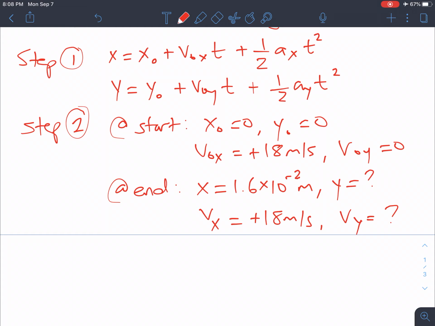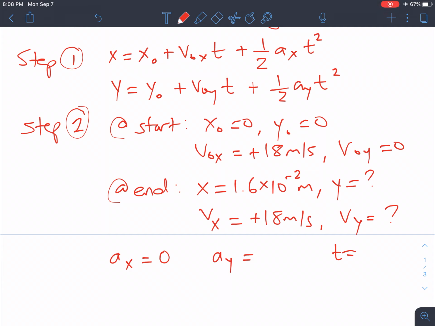We don't really need those because we're not going to use the velocity equation, but still I want to think about it. In between those two, we have acceleration x, acceleration y, and the time. So ax is simply 0, right? Because the velocity is constant.